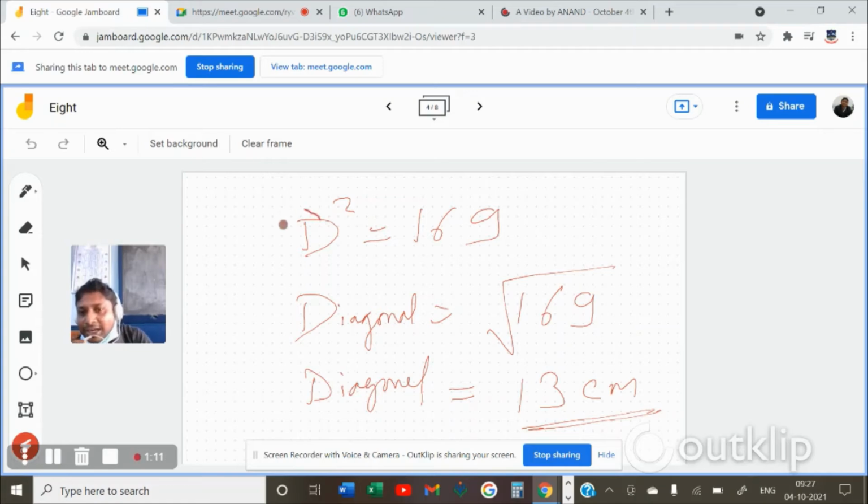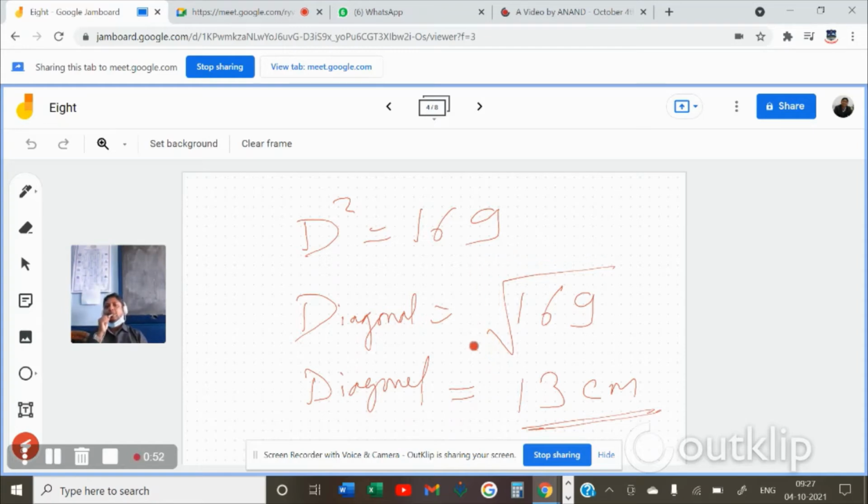But I need only d. I don't need this square. So what I'm going to do, I'm going to throw the square on the other side. When this square travels to the other side of the equation, it will become square root. It will become square root 169.